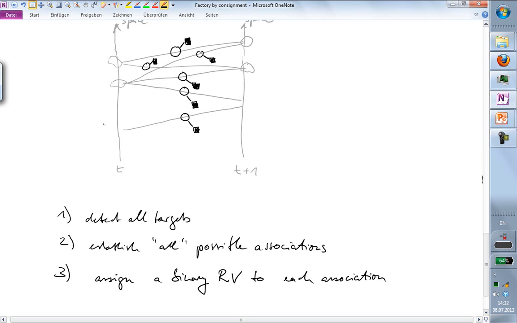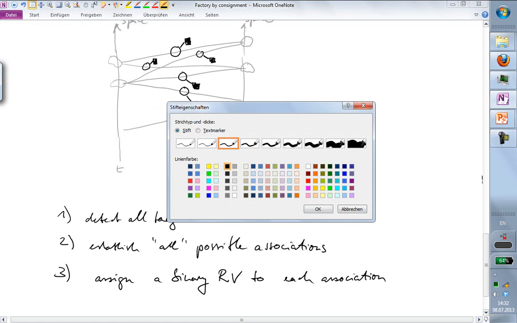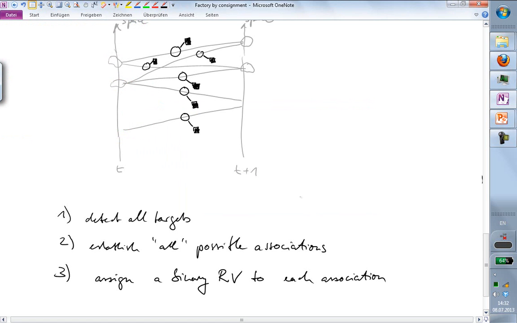So to stress this point, let's assume that one of these detections was much, much bigger than the other ones. And if I take size into account, then I would believe that this one here is more likely to correspond to that one there than this one here, which would have a big size difference.